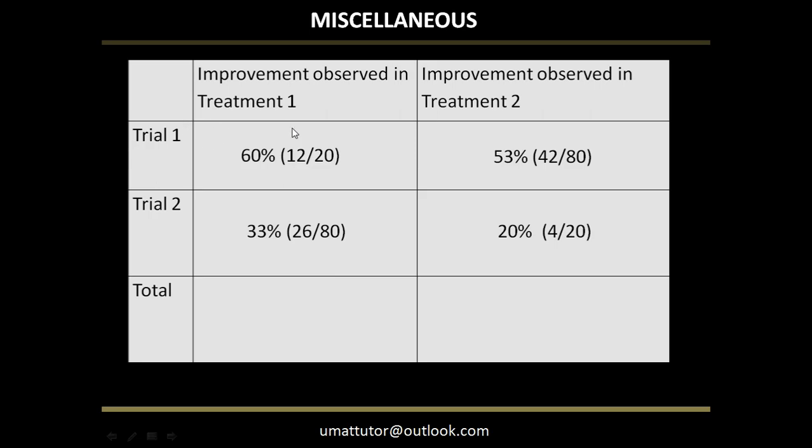In the first trial, treatment 1 is better than treatment 2, 60 to 53%, and these are the raw number of improved cases. And in trial 2, treatment 1 was again better than treatment 2 by 13%, and there are the raw numbers. Yet if you add up the columns together, you find that overall the improvement on treatment 2 was better.